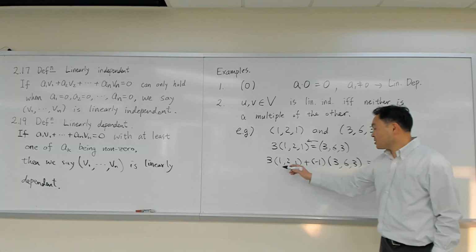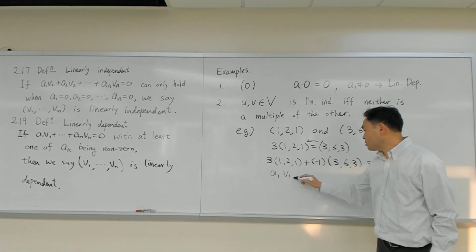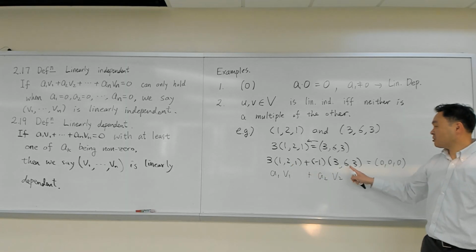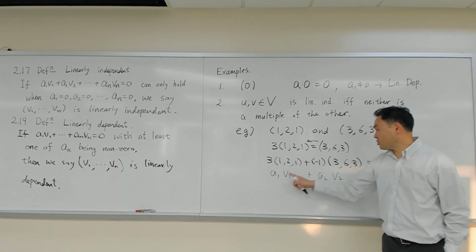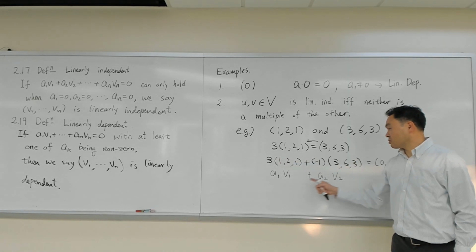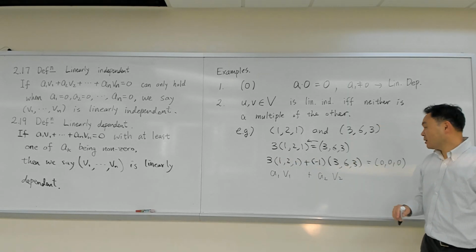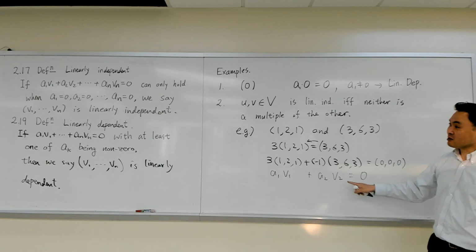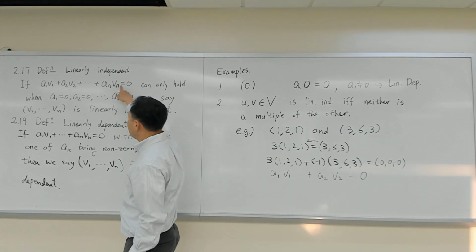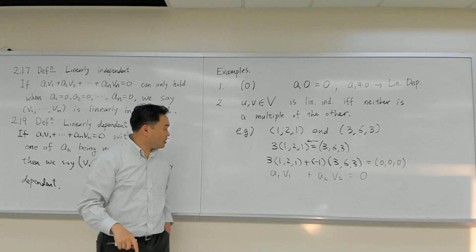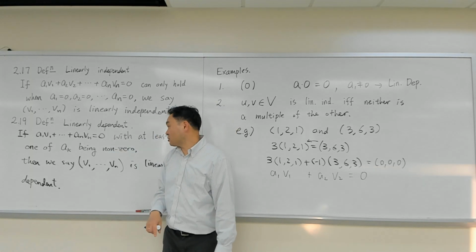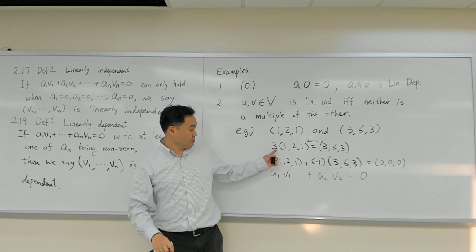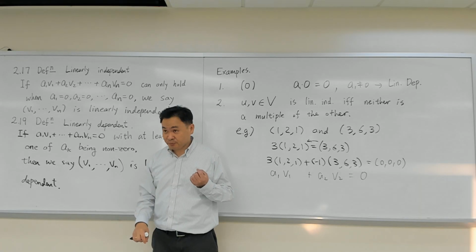But wait, this looks like a1 times v1 plus a2 times v2. If I call this one v1, that one v2, and I call 3 as a1 and negative 1 as a2, the left side looks exactly like this, right? And it is equal to the zero vector. I also see that neither a1 nor a2 is 0. So it satisfies this condition, which means these two vectors are linearly dependent.